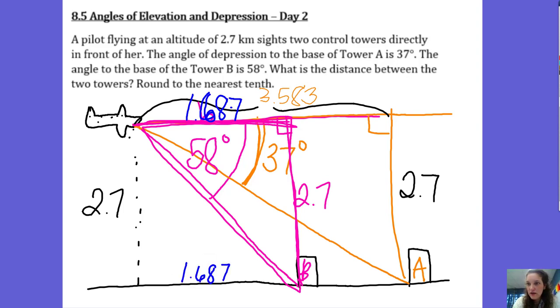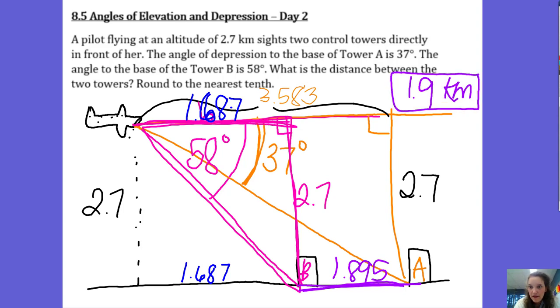I want to figure out what's the distance between tower A and tower B. I'm going to need to subtract 1.687 from 3.583, and I'm going to get 1.895, and it says let's round that to the nearest tenth. So rounded to the nearest tenth, our final answer is going to be 1.9, and the units are kilometers.